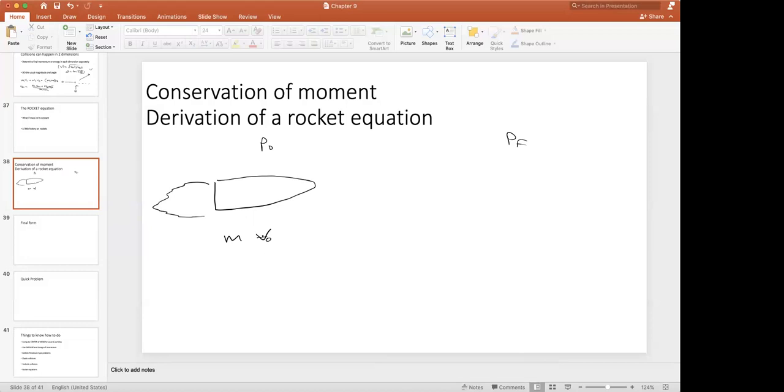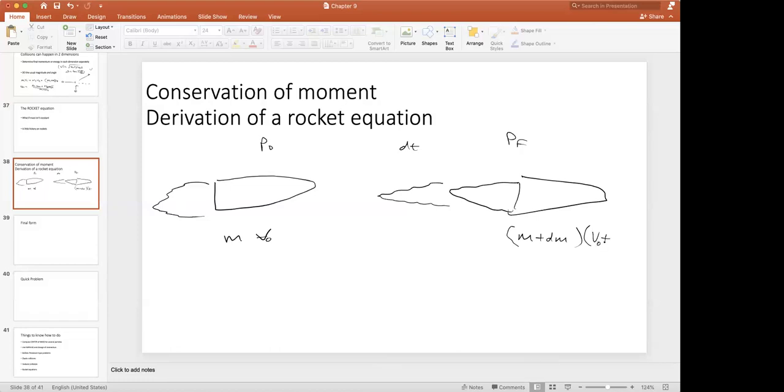I'm going to call that V naught. After a short time that we're going to call dt later, that just means an infinitesimal time later, the fuel has shot out of our rocket, right? Our rocket is now, and I'll explain this in a minute, moving with V naught plus dV, okay?